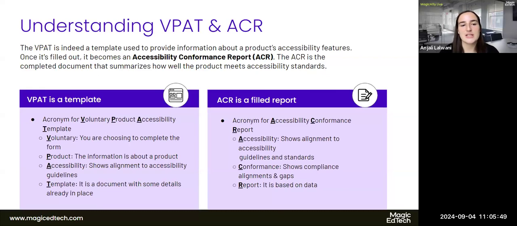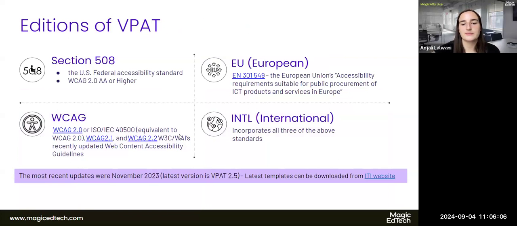And the acronym for ACR stands for Accessibility Conformance Report. So the VPAT is the blank template, whereas the ACR is the filled out report that has all of the information that is specific to your product and your compliance. Tarveen, anything else to add on this? No, I think we are good.